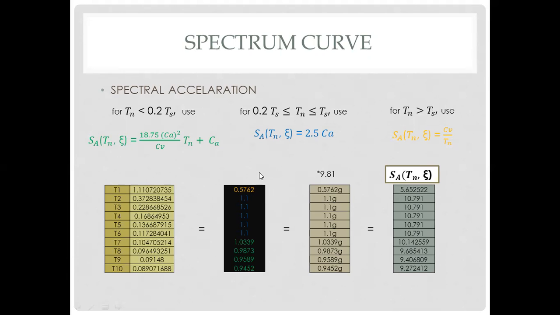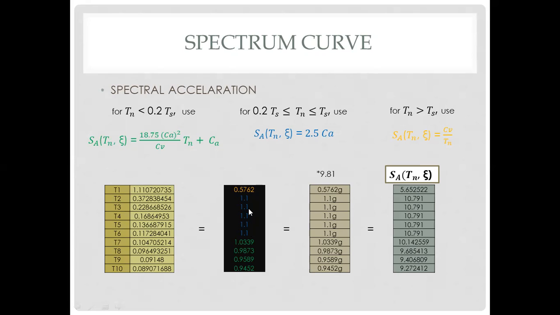Then, sa modal period na mode 2 hanggang mode 6, since mas malaki siya kaysa sa 0.2 TS but less than TS, we will use this formula. And then, from mode 7 hanggang mode 10 naman, since mas less siya sa value ng 0.2 TS, so gagamitin na naman natin tong formula na to.